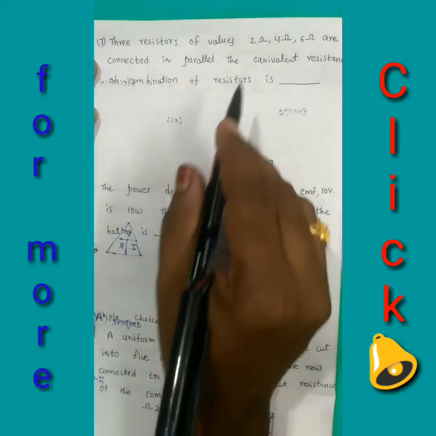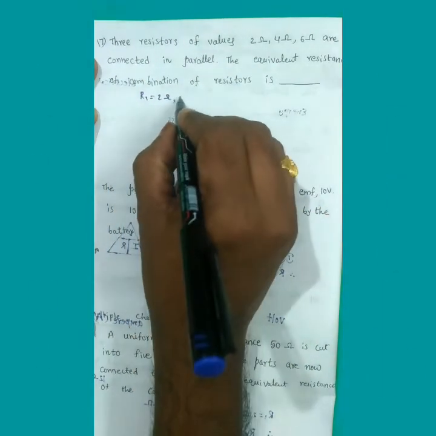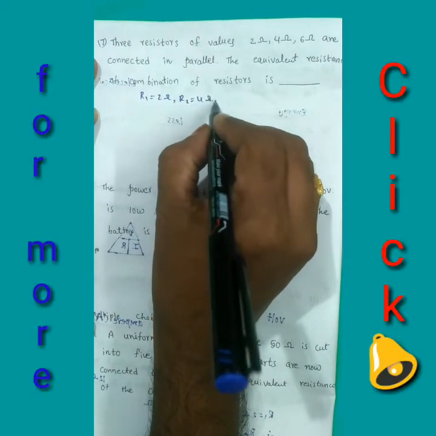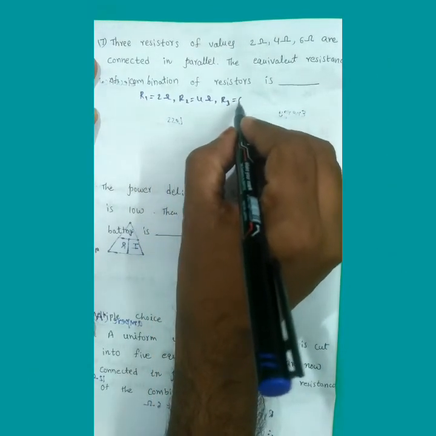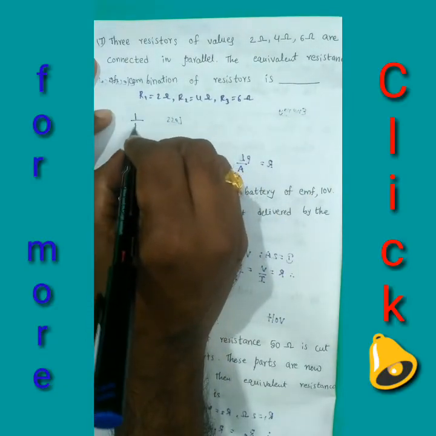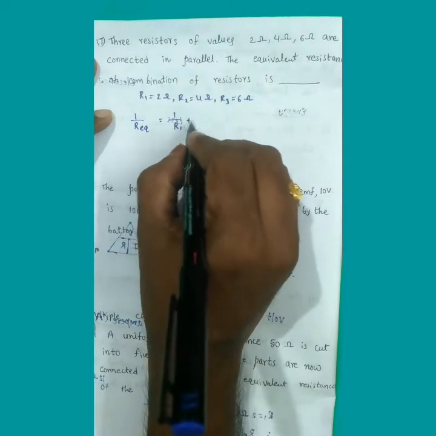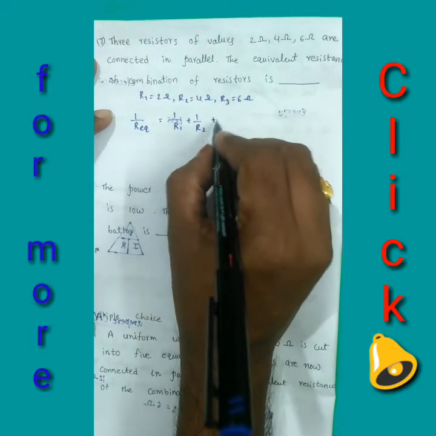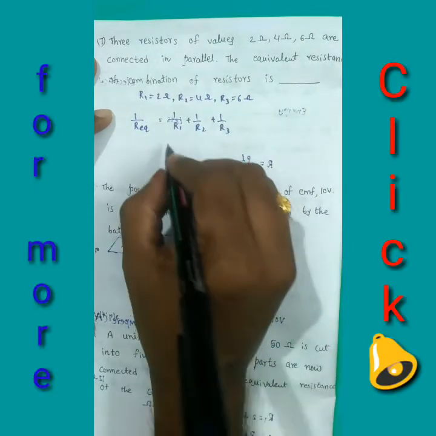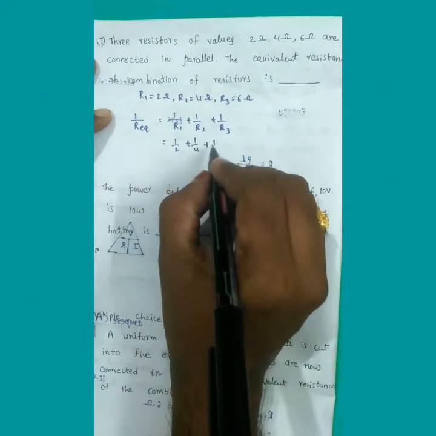Yes, the same problem is given for us: R1 equals 2 ohms, R2 equals 4 ohms, and R3 equals 6 ohms. But this time we have connected them in parallel. So what is the formula for that? 1 by R equivalent equals 1 by R1 plus 1 by R2 plus 1 by R3. That means 1 by 2 plus 1 by 4 plus 1 by 6.